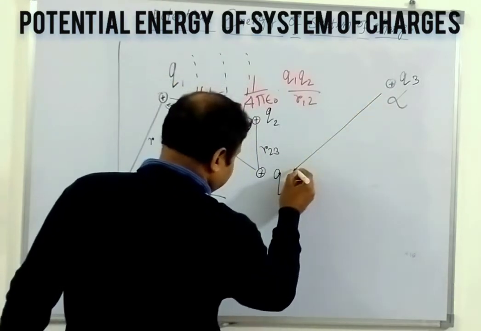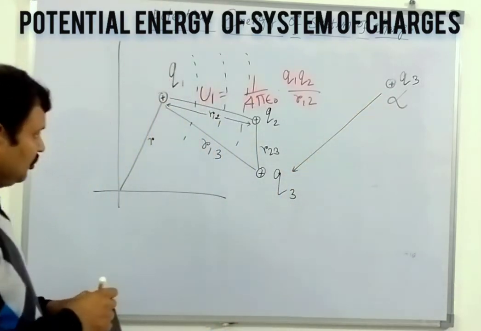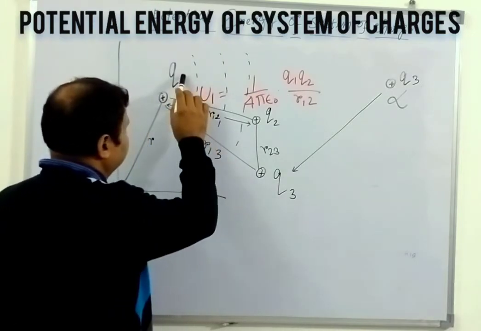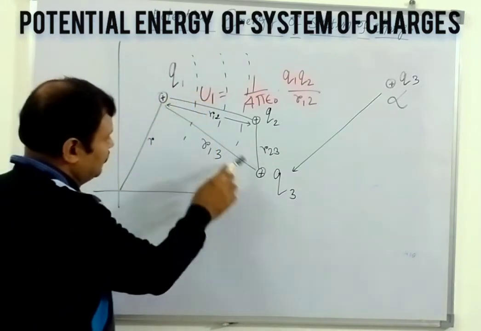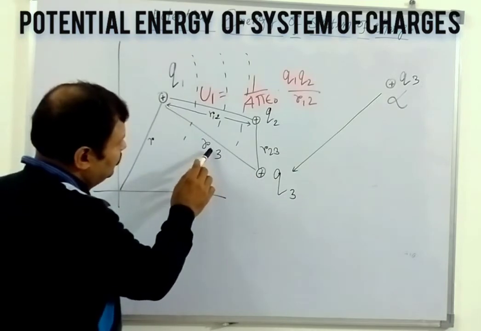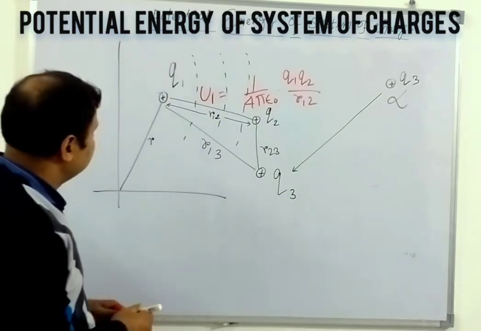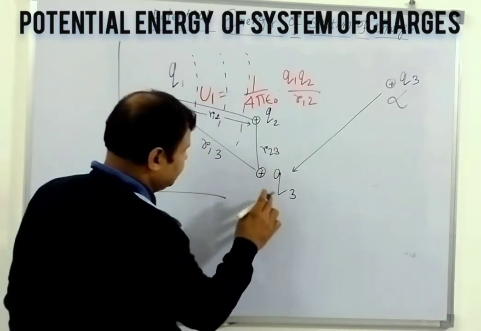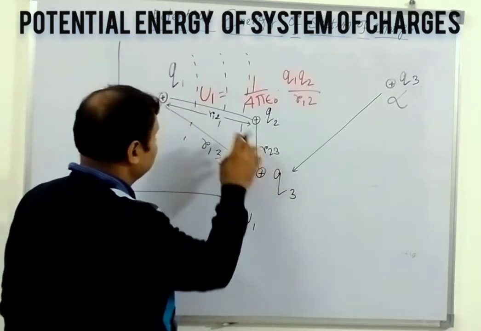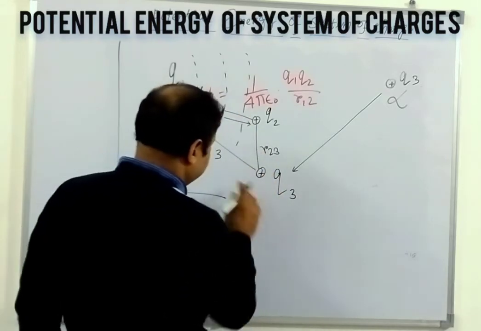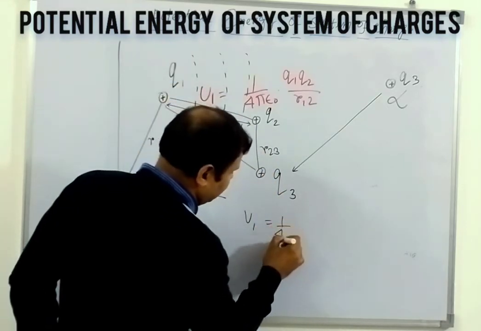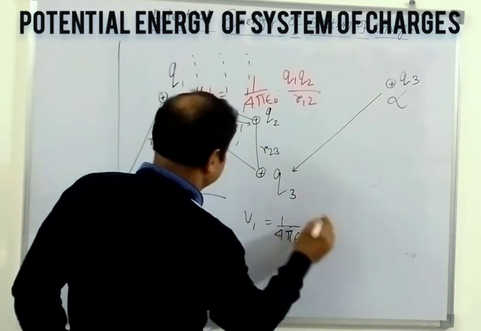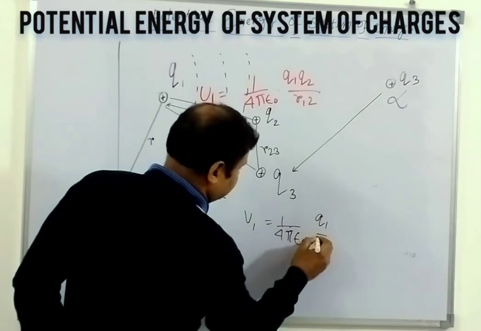If you bring Q3 from infinity, the potential created by Q1 will also act at this point at a distance of R13. This potential V1 due to Q1 is 1 by 4 pi epsilon naught, Q1 over the distance R13.